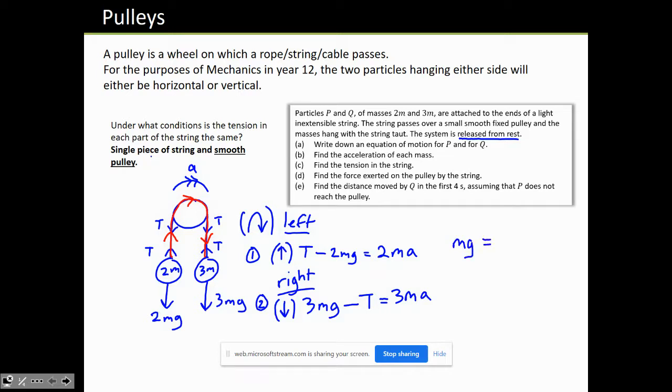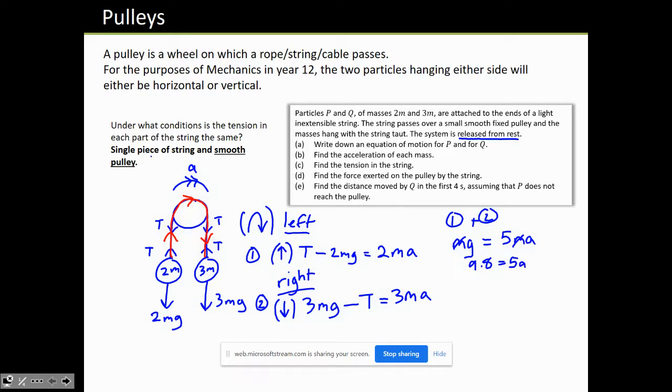And on the right-hand side, I end up with 5ma. So this was equation 1 plus equation 2. At that point, you can see that both sides of my equation have a constant factor of m, and g is 9.8. So 9.8 equals 5a.